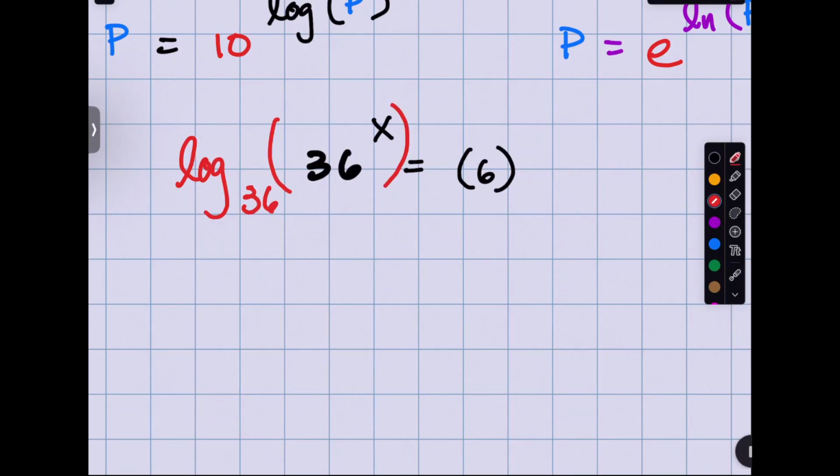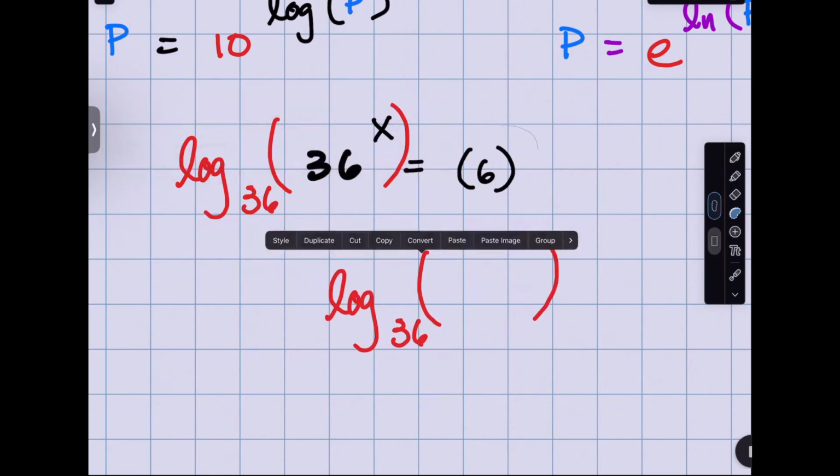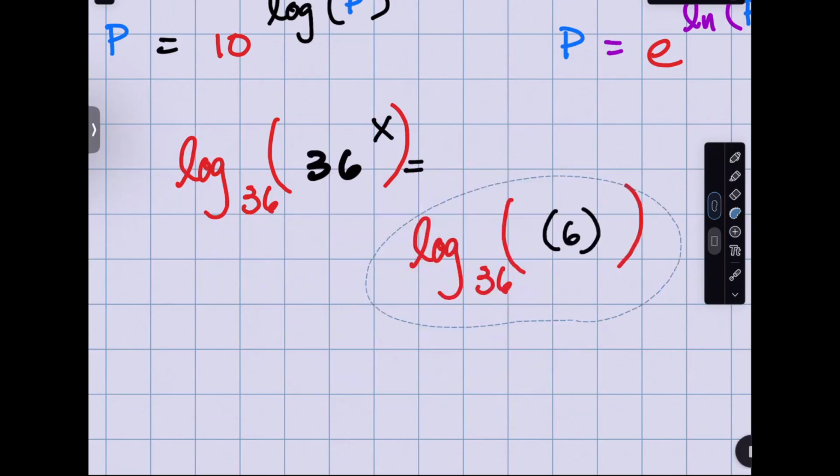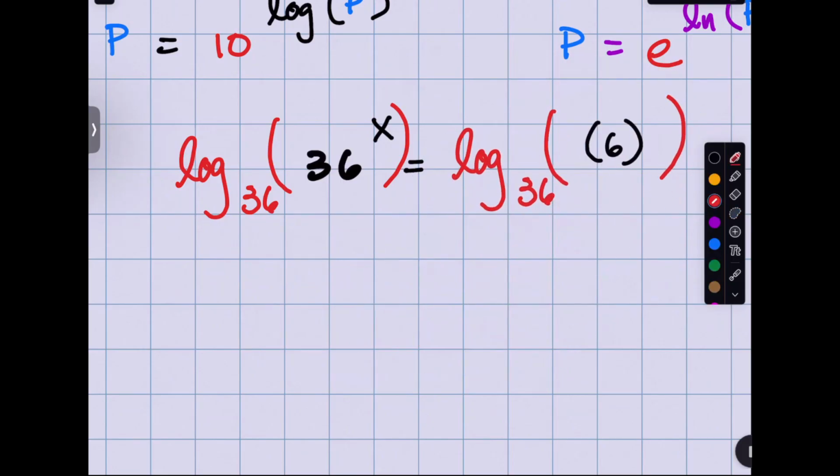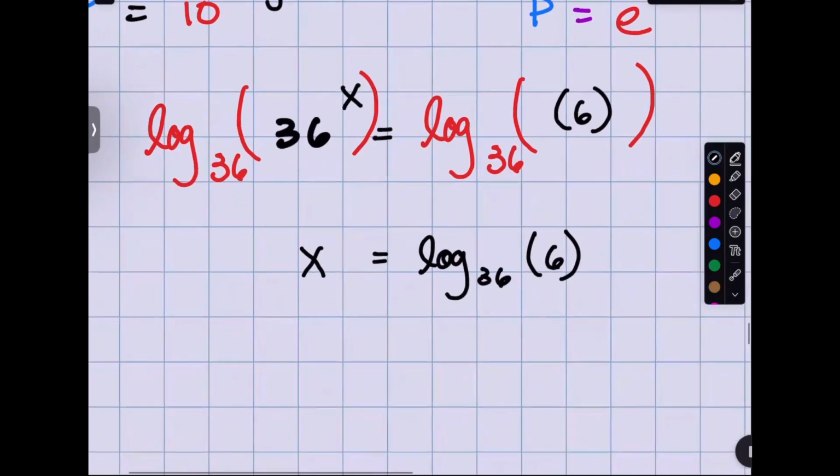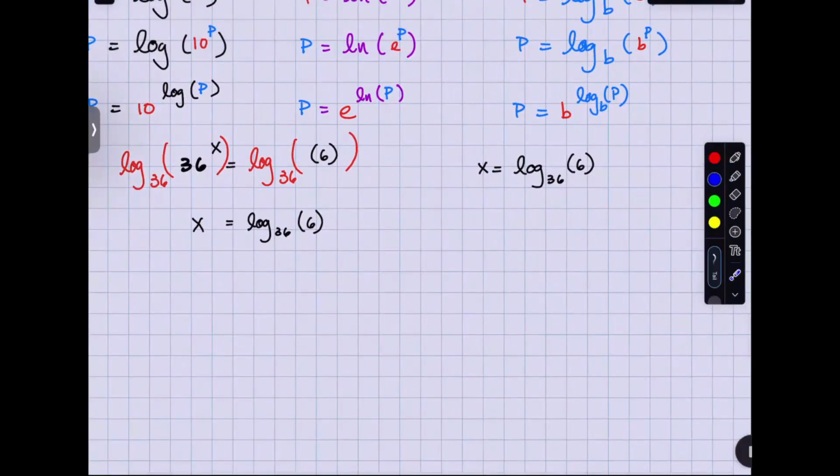Log base 36. Well, if I do that to one side, guess what I have to do? I got to do it to the other side. So the left side is only going to be x left equals 2. Wait a minute, that looks familiar, doesn't it? Looks like this, huh? Everybody see that? So I can just use math to do it.